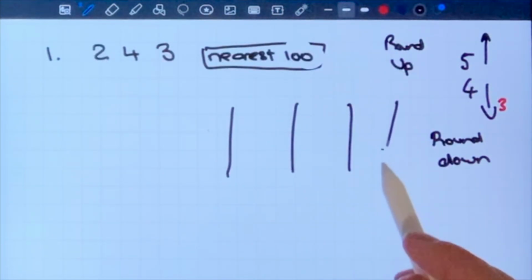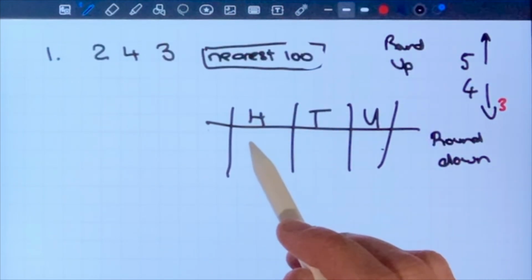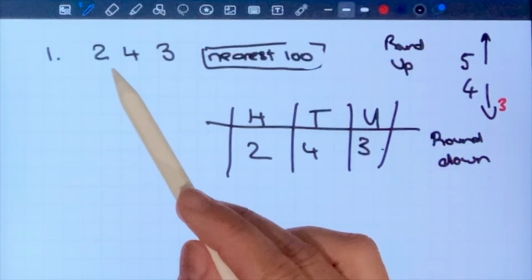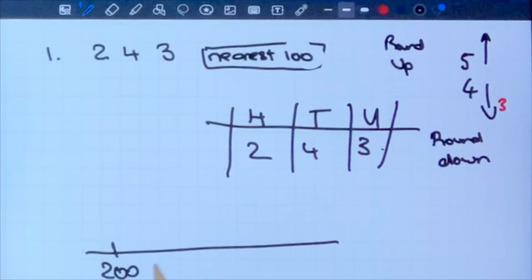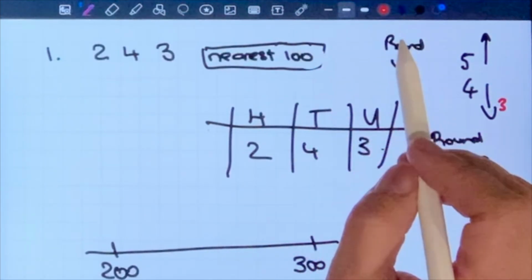Putting our number back in our place value chart, units, tens, and hundreds. Now what we want to do is decide whether my number is closer to 200 or to 300 on the number line, because now I'm rounding it to the nearest 100.